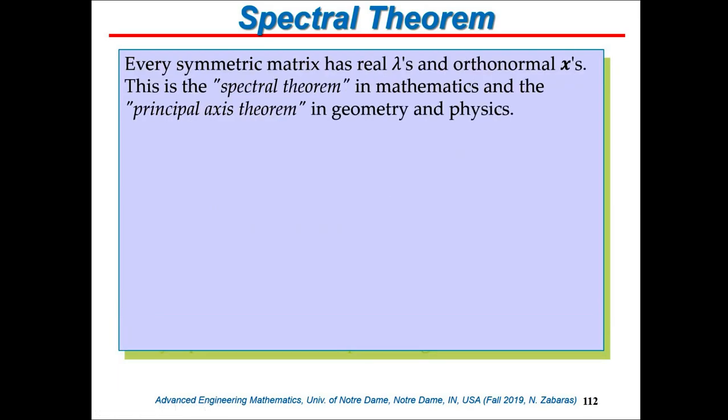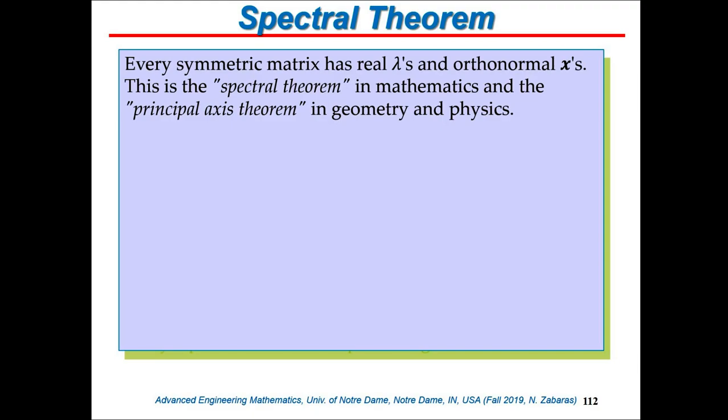All right, this theorem comes with other names in physics. Since you start with a matrix A and now you diagonalize it, this is known in applications as the principal axis theorem. It's like finding some new representation of the matrix A, which we call a principal axis representation, where the matrix becomes diagonal.